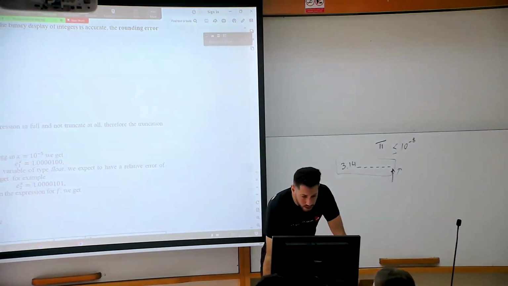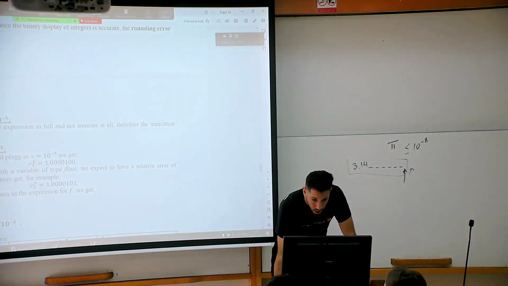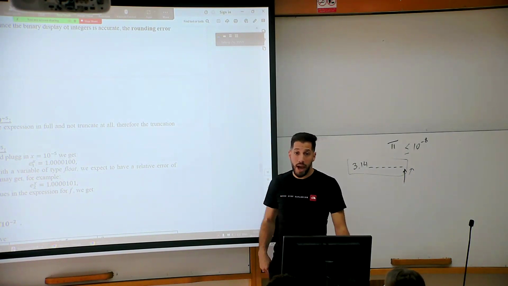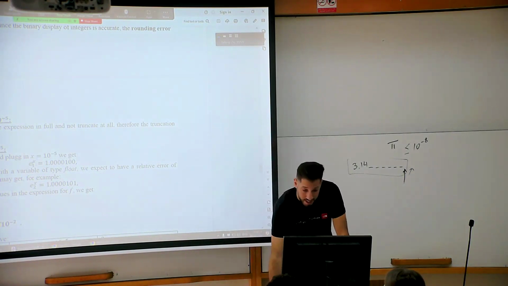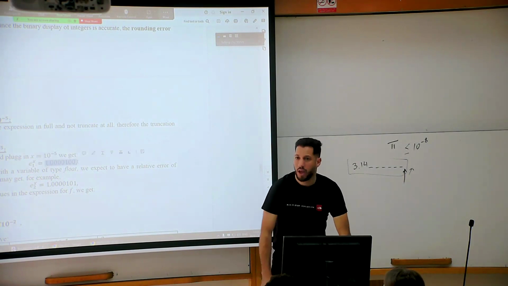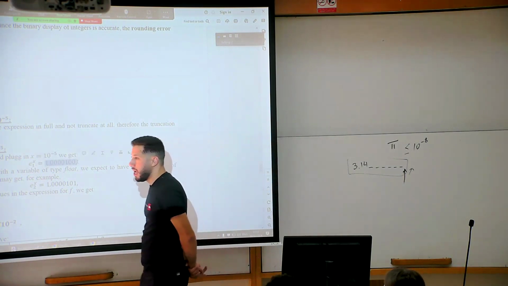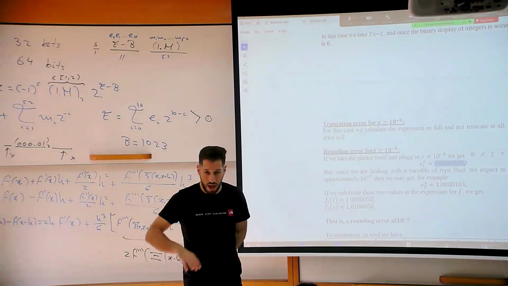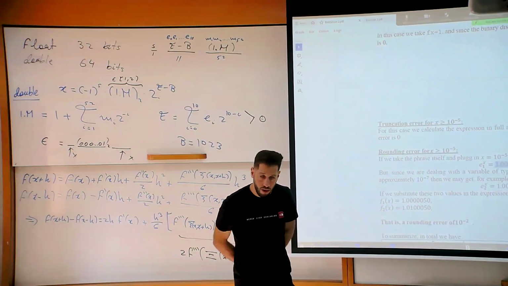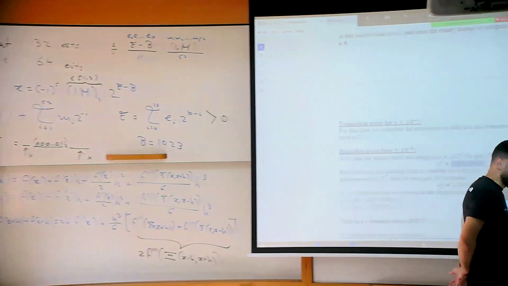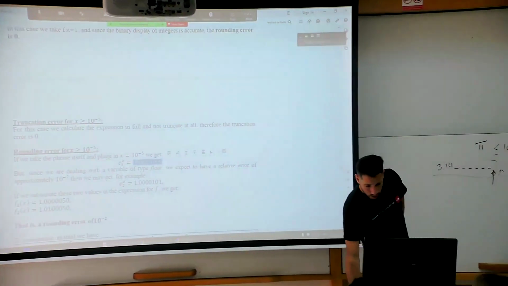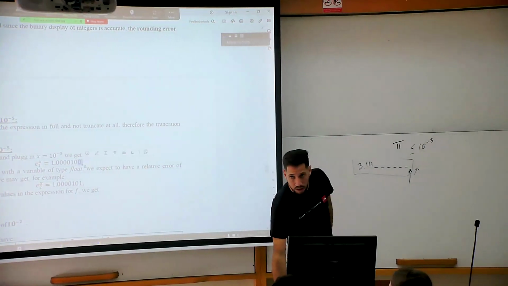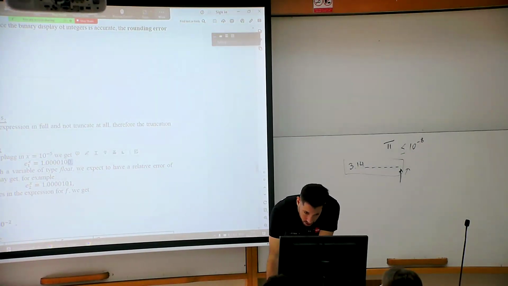Here we assume float. So when it stores e to the x, the exact value when x is 10 to the minus 5 is this, okay? And if there is an error, the error would be in the 7th digit, so it will be 1 here, okay?